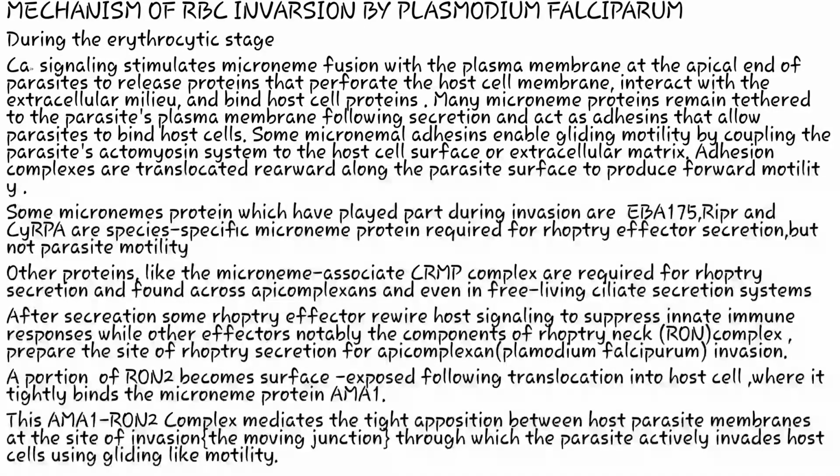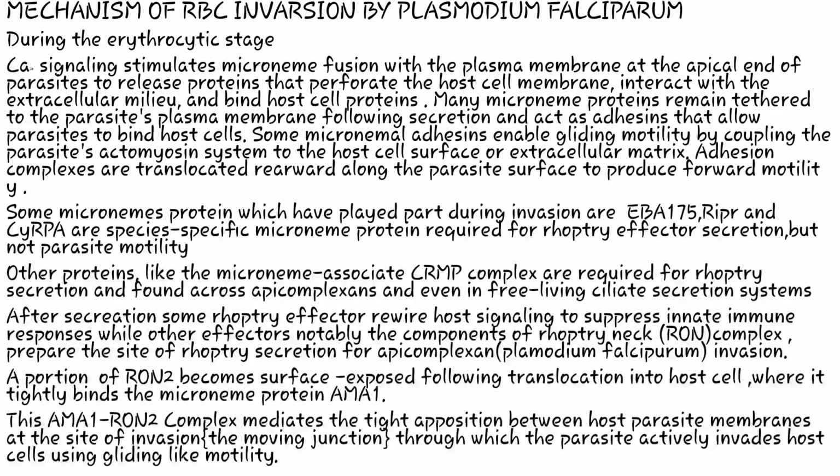So after secretion, some Rhoptry factors, as I said, rewire host signaling to suppress the innate immune response, while other factors, notably the components of the Rhoptry neck complex, prepare the site for Plasmodium falciparum invasion. A portion of RON2 becomes surface exposed.